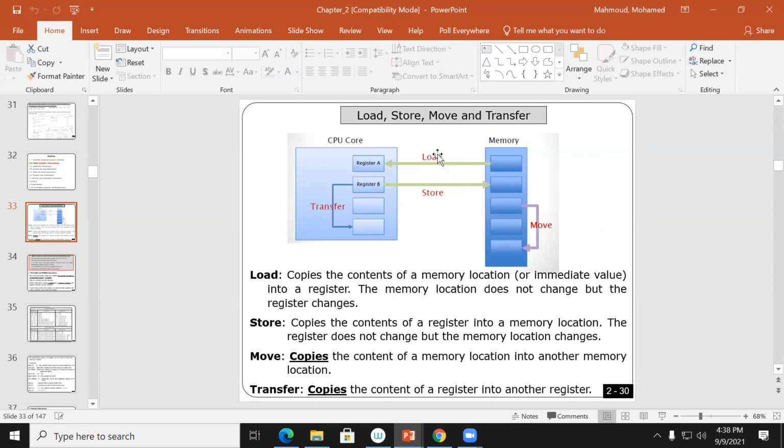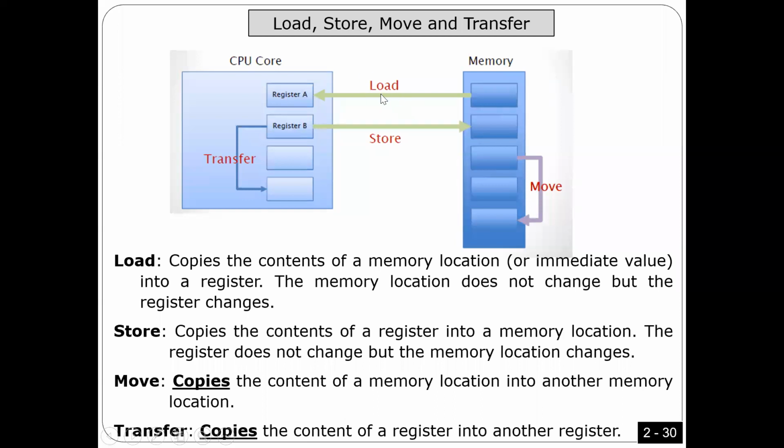So we have here the load instruction. As I told you, load is used if you want to copy a memory location or immediate value to one of the registers. Store is used if you want to copy a register to a memory location.